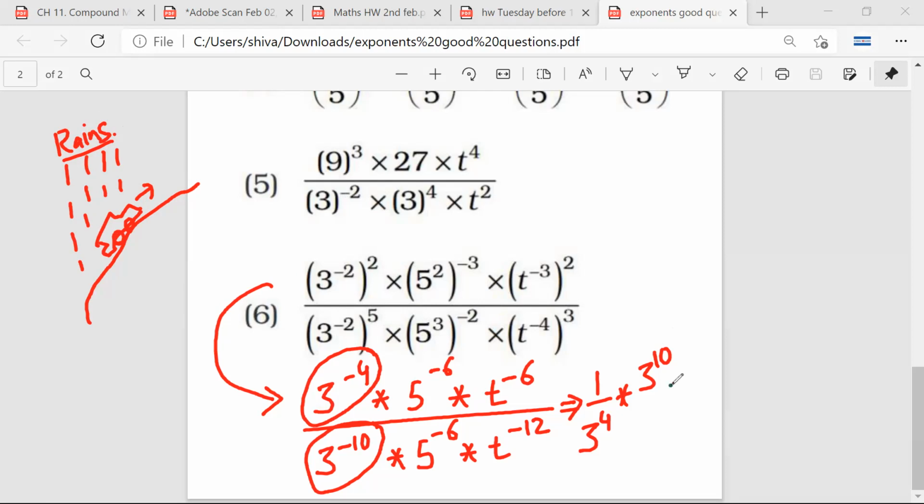This 5 raised to power minus 6, I can write as 1 upon 5 raised to power 6. Is it okay? This 5 raised to power minus 6 in the denominator, I can write as 5 raised to power 6. If you are not comfortable, you can write this as upon 1 also.